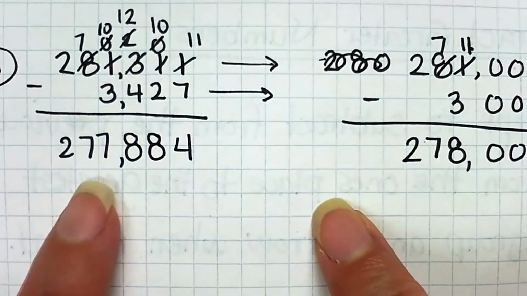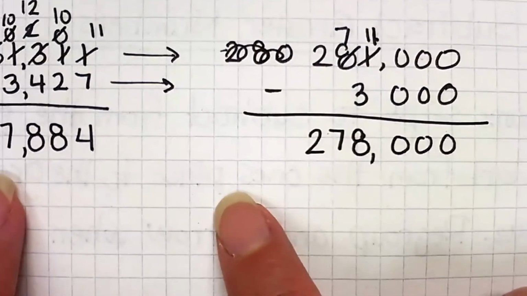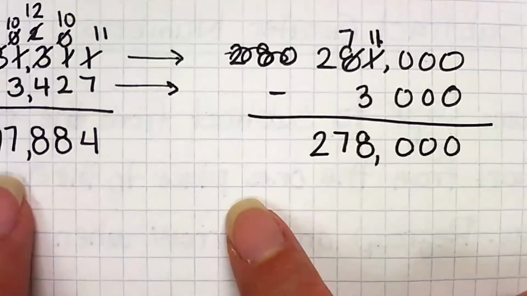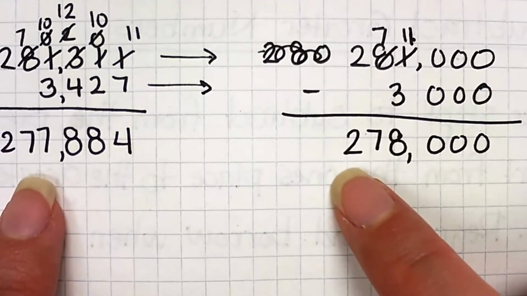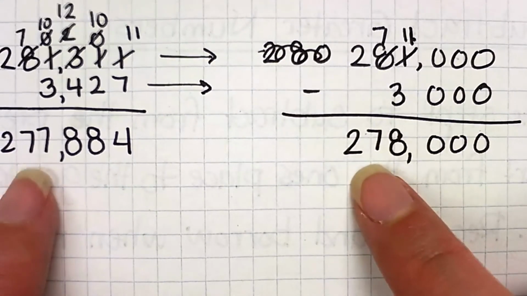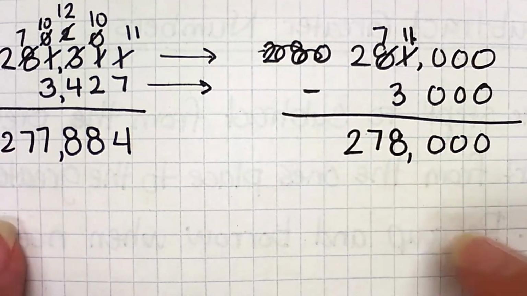So I got 277,884. When I rounded it to my nearest thousands place, I got an answer of 278,000. So you can see that these numbers are very close to each other. Again, my answer is reasonable.